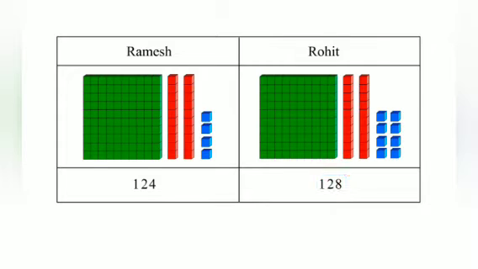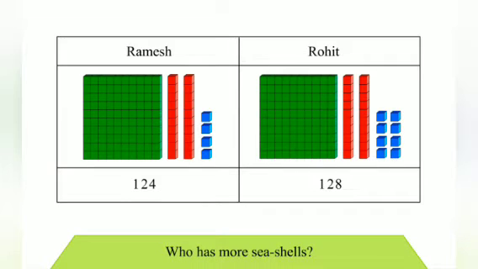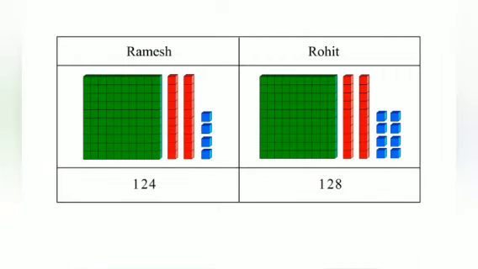Rohit has 128 seashells. Who has more seashells, Rohit or Ramesh? Both the numbers have 3 digits. Let's compare the hundreds digit. It is the same. Let's compare the tens digit. It is the same.